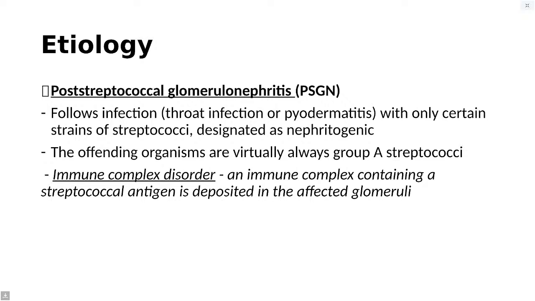The offending organisms are virtually always group A streptococci. Post-streptococcal glomerulonephritis is an immune complex disorder. An immune complex containing a streptococcal antigen is deposited in the affected glomeruli.